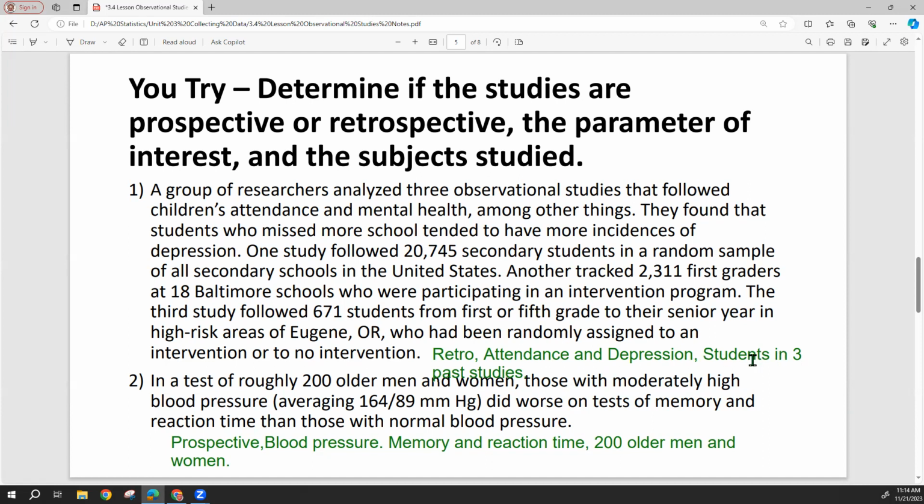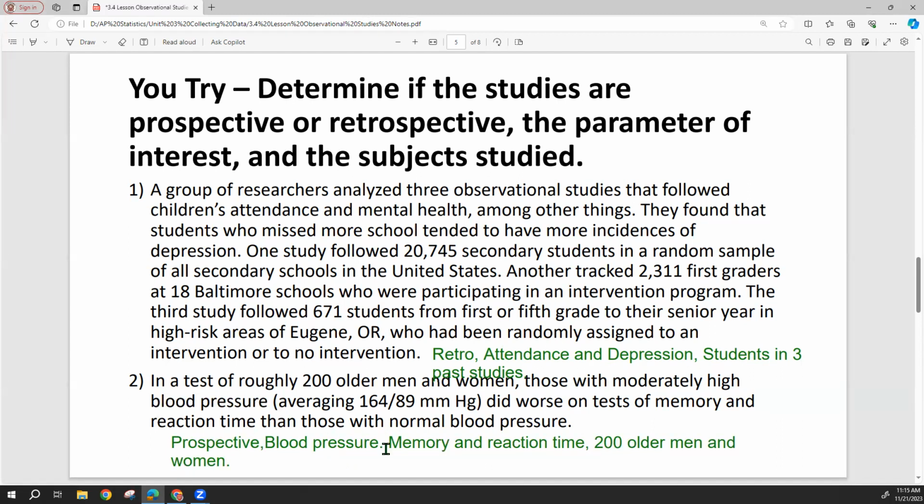And then, of course, the subjects here would be the students in those 3 past observational studies. Depression is probably maybe too specific, that we are looking for students who are at risk. So their attendance and then their measurement of whether or not they're at risk.